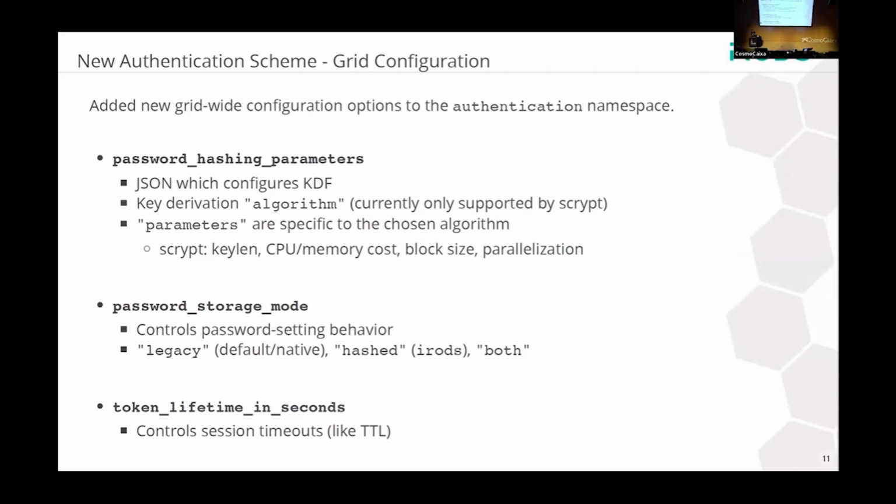We've introduced hashed, which means you're just setting their iRODS password, and both means you're setting both. So if you want a hybrid situation, you can do both. If you just want to go all in on iRODS, you do hashed. Legacy is the default for iRODS 5.1 and the way that it's always worked. And finally, we have the token lifetime in seconds. This behaves just like your TTL if you're familiar with iinit. And that's it.